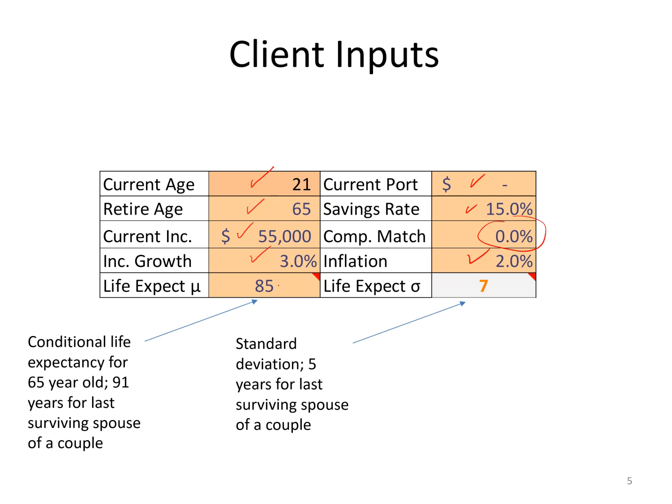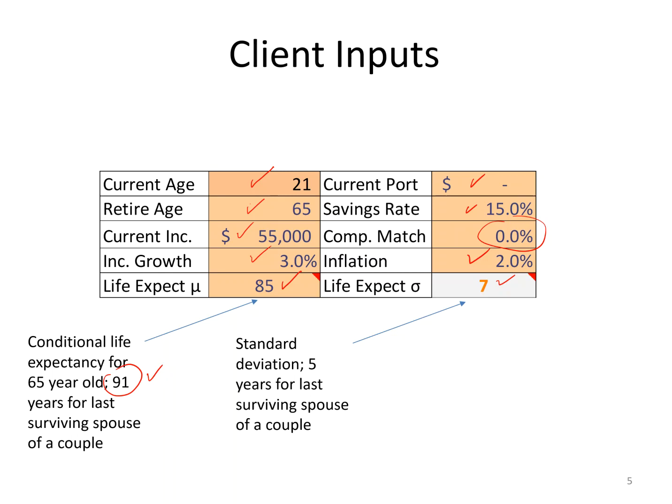We'll also assume that this person is going to live to 85 years old with a standard deviation of 7 years. And by the way, if you're doing this financial plan and you're assuming this is going to be a couple, I would use 91, because some data I have received is that if a couple are alive at the age of 65 and retire, they're expected to live to the age of 91. So that's a conditional life expectancy.